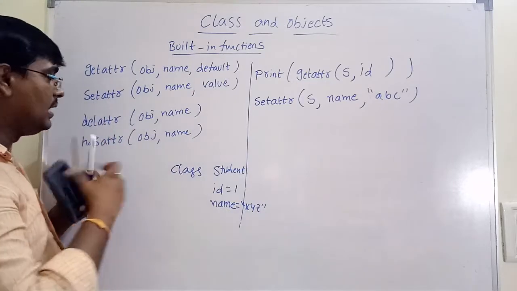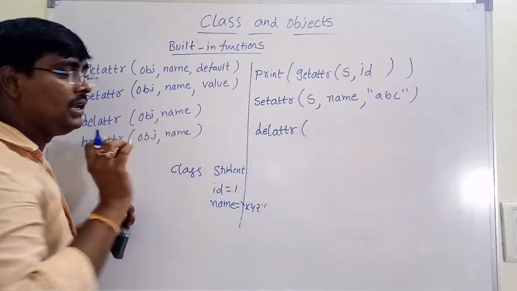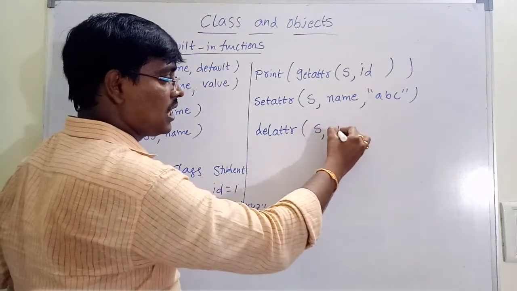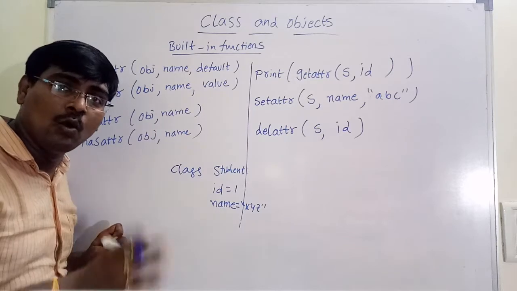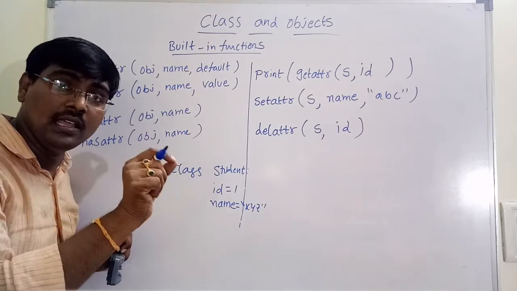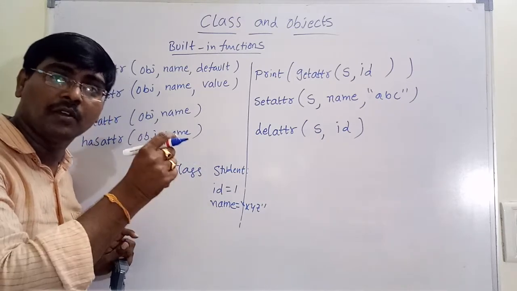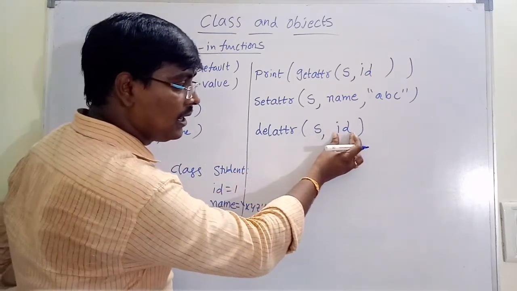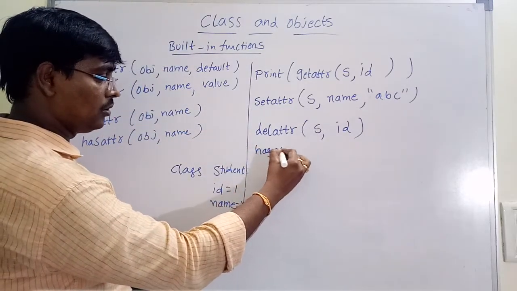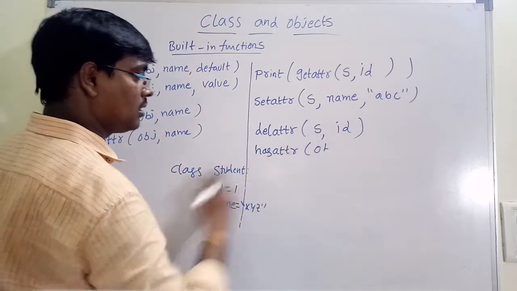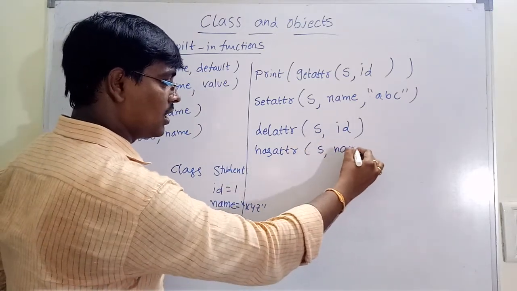Similarly, delattr. I am deleting a particular attribute. Suppose delattr of s comma id. That means for object s there is no id. We already discussed del s dot id; I am deleting the id property for the object s. And finally, hasattr. Suppose the object is s, comma, name.